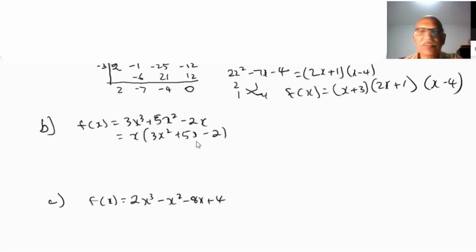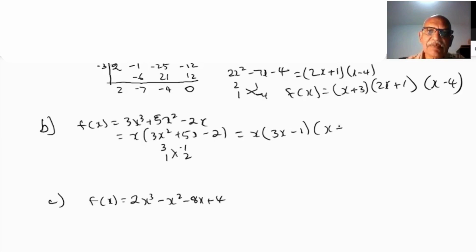The factors are 3 times 1, and then 1 times 2 is 2, but this should be negative. Therefore, negative 1 plus 6 will be positive 5. Therefore, the complete factoring is x, I don't forget it, times 3x minus 1 and x plus 2.